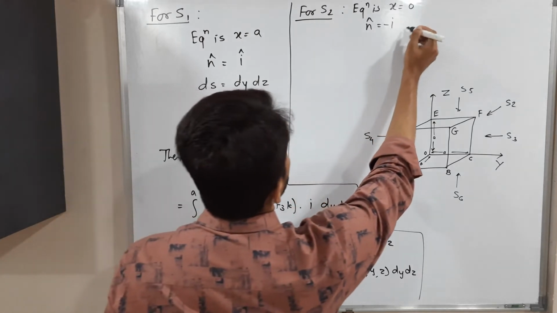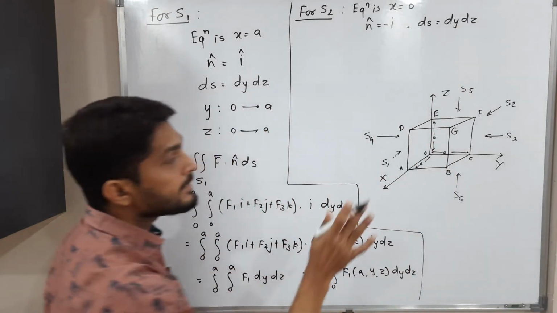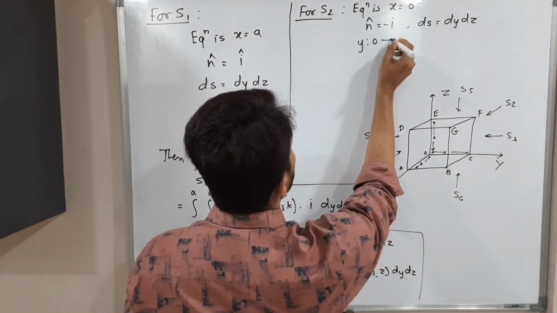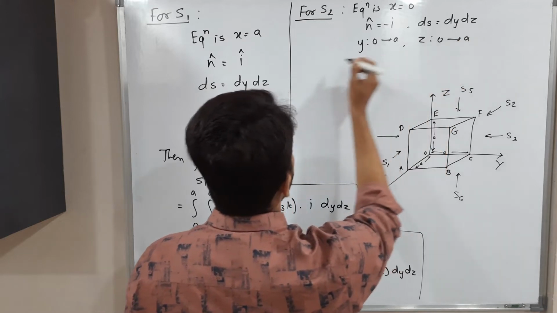Now ds is again dy dz since it lies in the yz plane. The limits of y and z will be the same: y varies from 0 to a and z also varies from 0 to a.